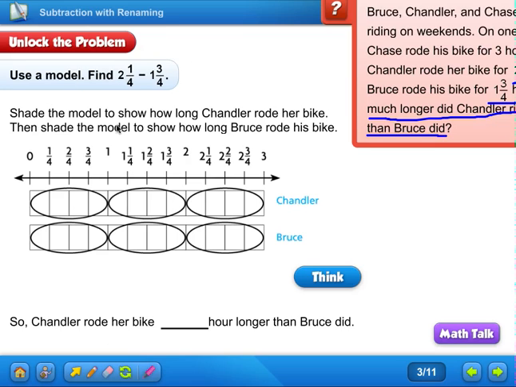All right, so shade the model to show how long Chandler rode her bike for. She rode it for 2, so 1 is right there, 2, we're going to go all the way up to here, 2 and 1/4.